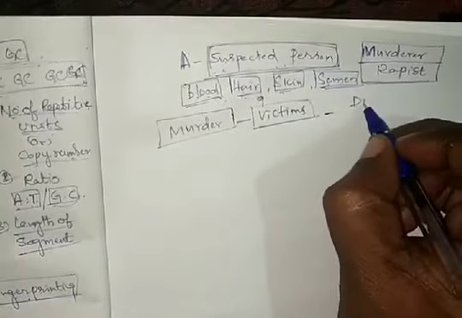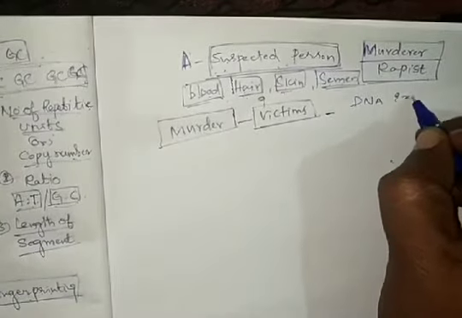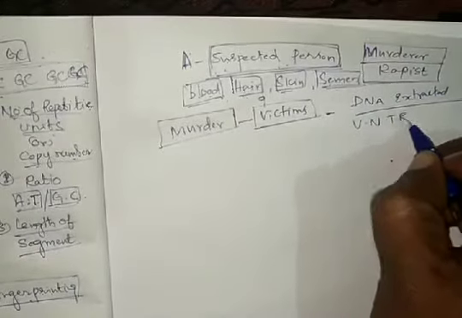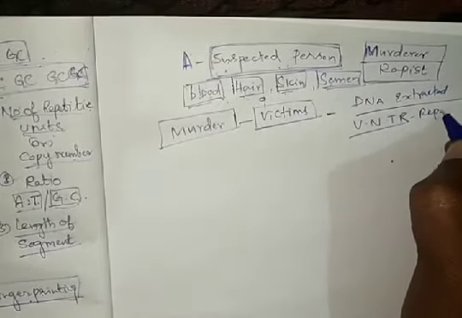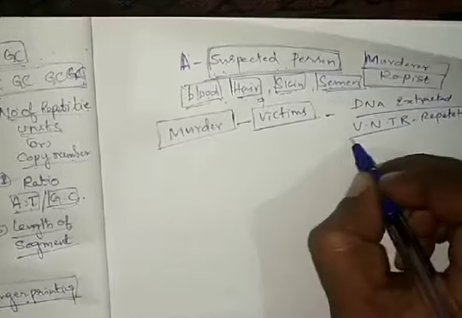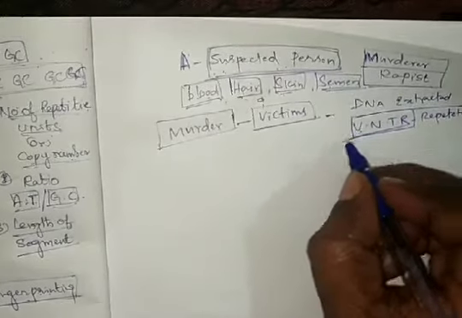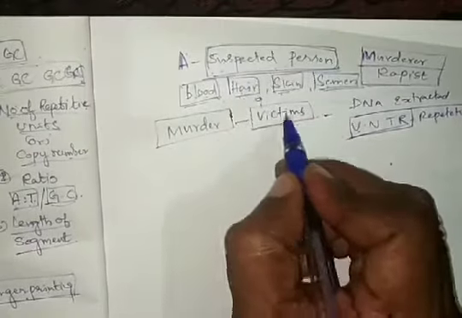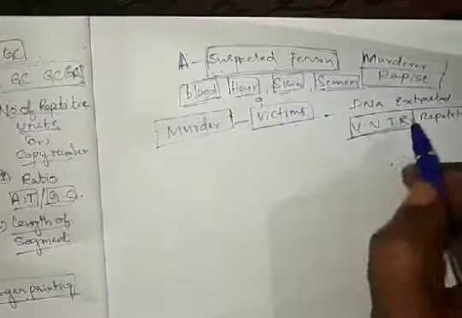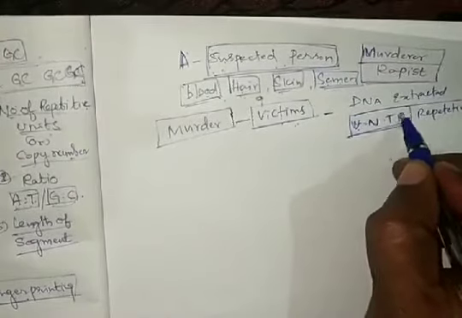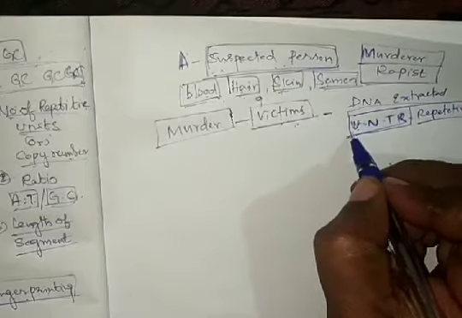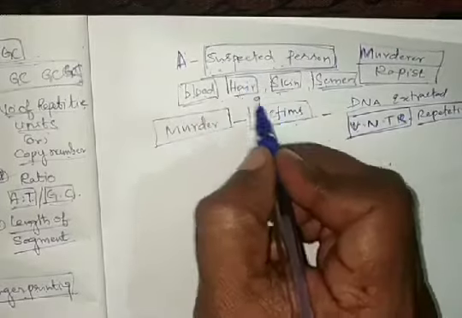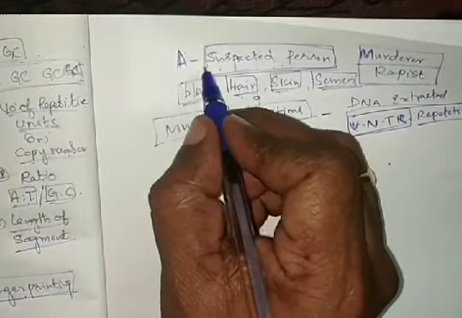From that, DNA is extracted. From the DNA, VNTR probes or VNTR repetitive sequences are collected. Then the VNTR repetitive sequences of the victim and the suspected person are compared. If they match, the criminal is identified.